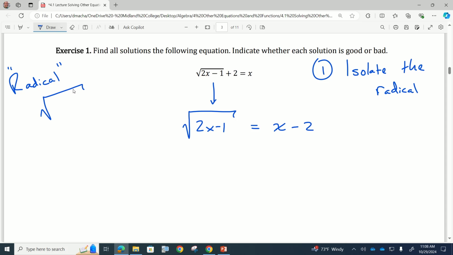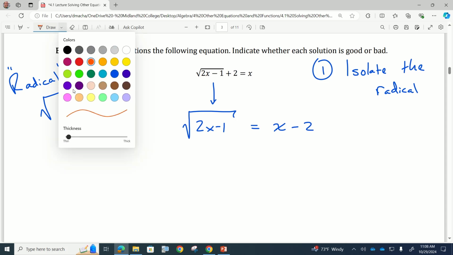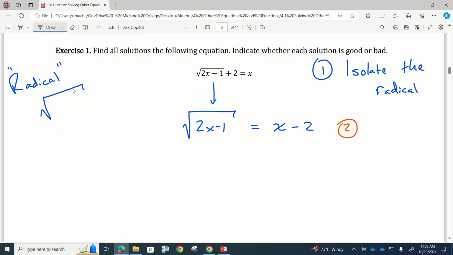And who can guess, what am I going to do in step 2 here? Square both sides. Yeah, square both sides. So I'll square the left side, I'll square the right side.